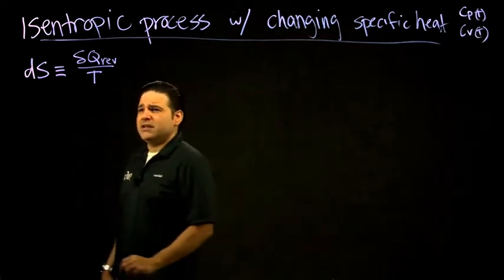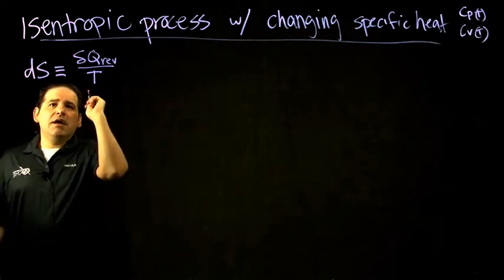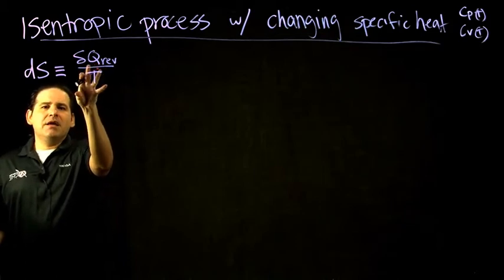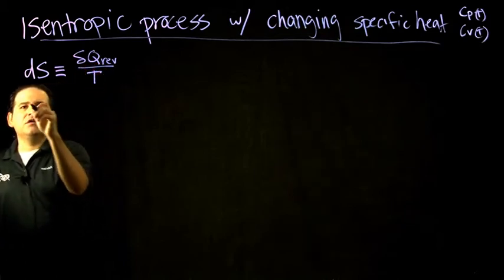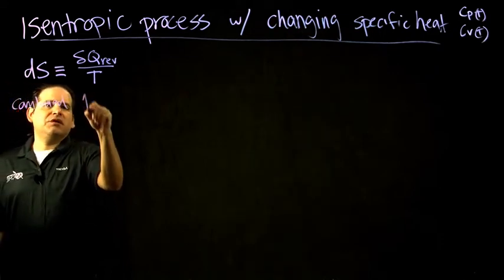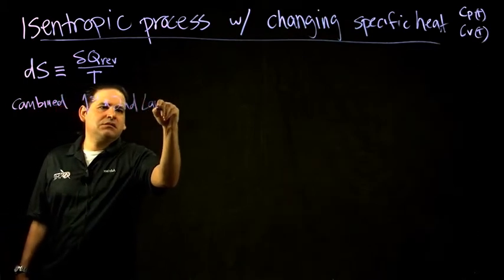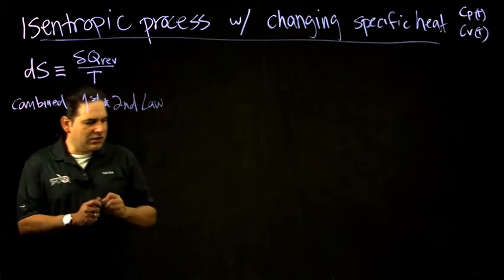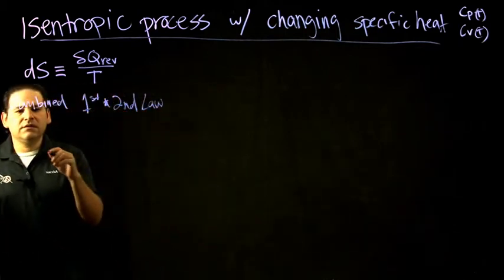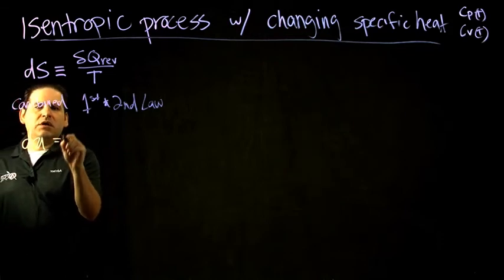So if we do this, we can use this definition, which is related to the second law of thermodynamics, and apply it to the first law. So the combined first and second law expression has this plugged in terms of heat.